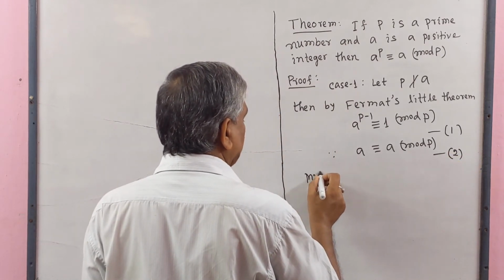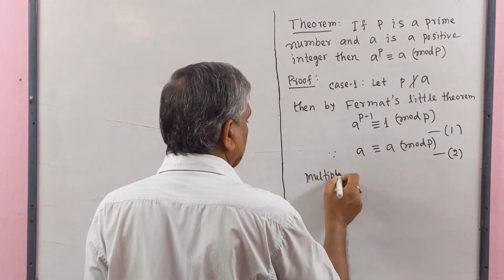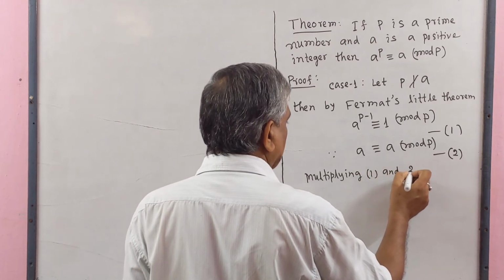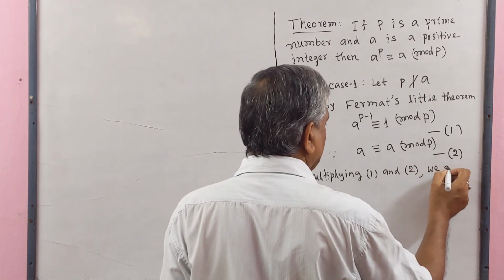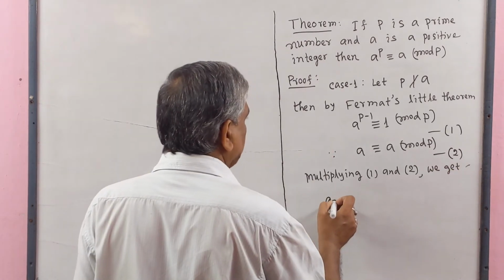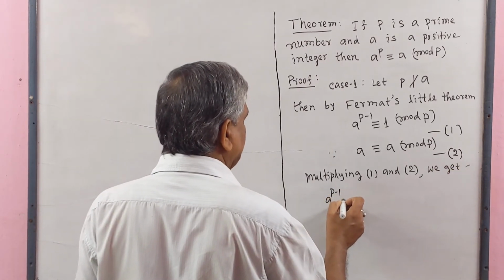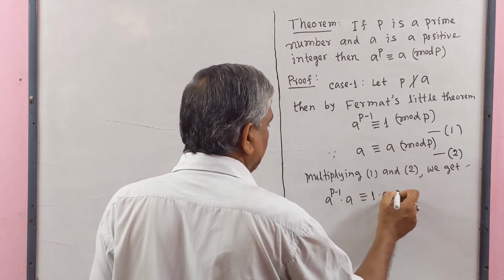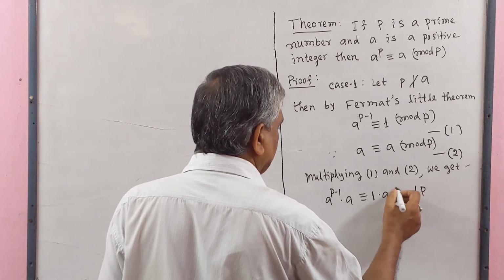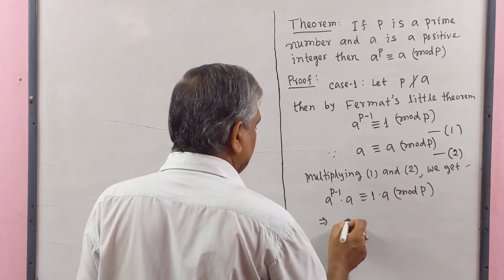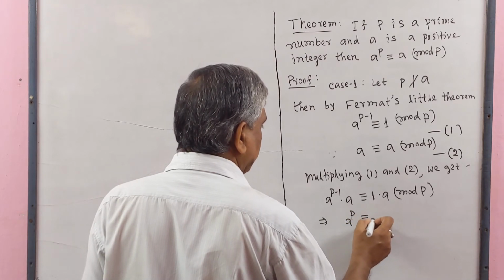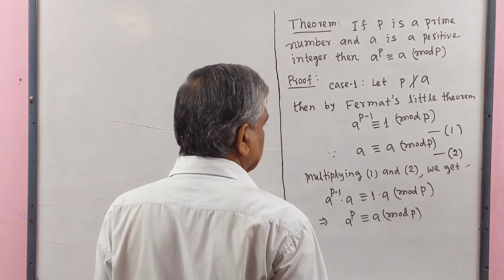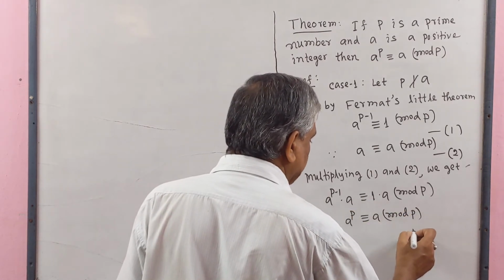Multiplying 1 and 2, we get a to the power p minus 1 multiply a is congruent to 1 multiply a modulo p, implies that a to the power p is congruent to a modulo p. Therefore, case 1 is proved.